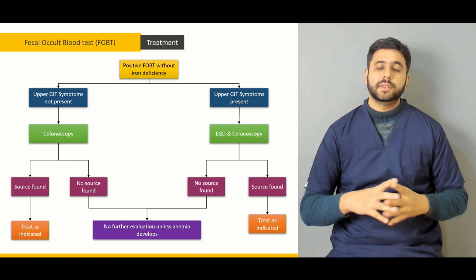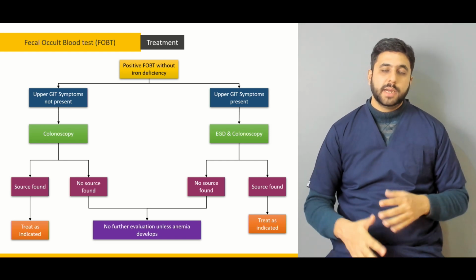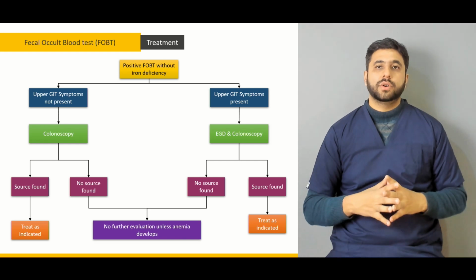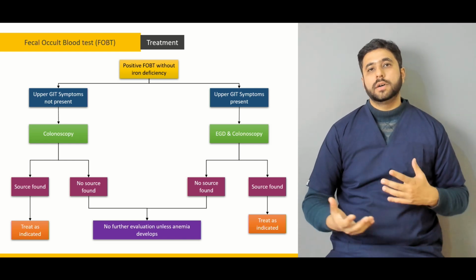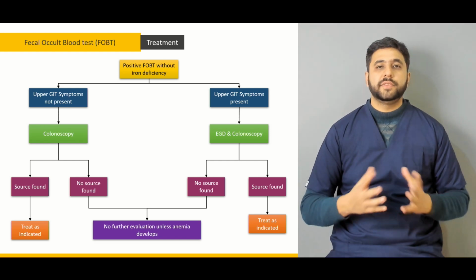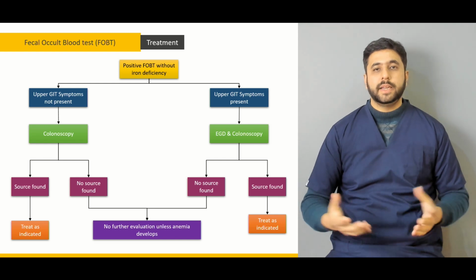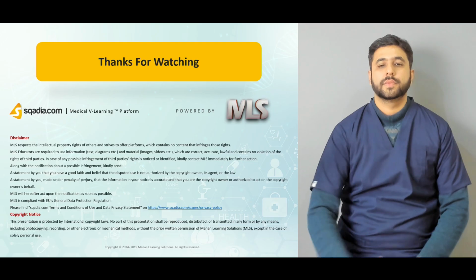Because if this carcinoma is caught early, we can easily manage it with the help of surgery and chemotherapy. But once it is advanced and it starts causing profuse bleeding or obstructs the colon or can metastasize, then it is difficult to treat it, and then we have to basically manage the patient palliatively or conservatively.